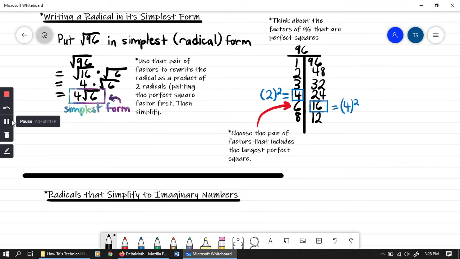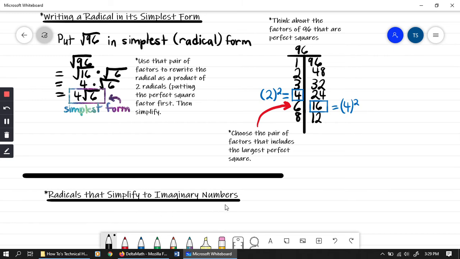So when we're talking about radicals that simplify to imaginary numbers, the first thing that we need to discuss is imaginary numbers, right? Imaginary numbers are directly tied to radicals, to those types of square roots.